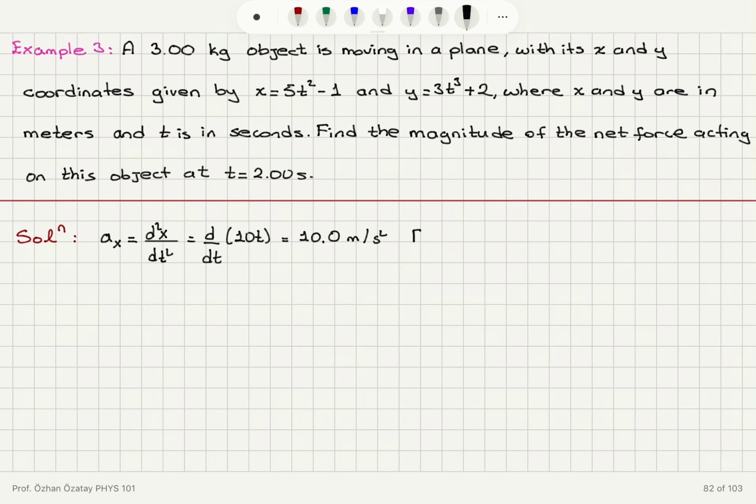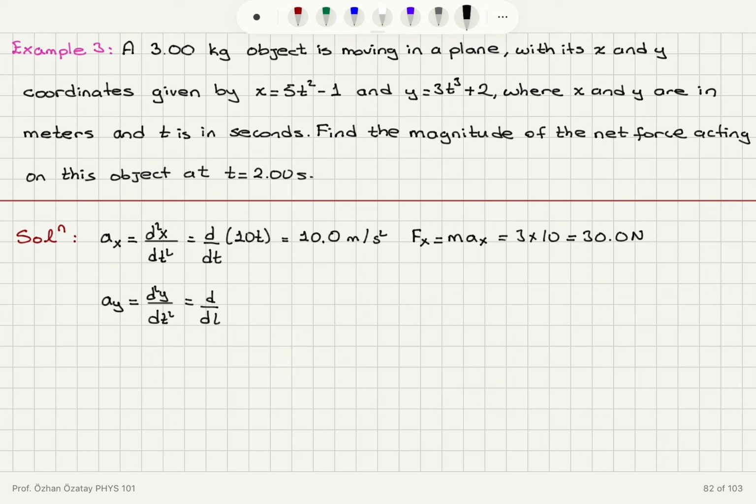So this tells me the net force Fx has an x component, mass times acceleration, which is 3 times 10, 30.0 newtons, because I'm in SI units. Now I look at the y component of the acceleration, ay. That would be the second derivative of y position with respect to time.